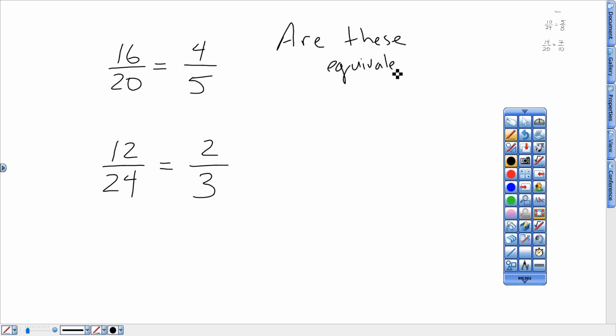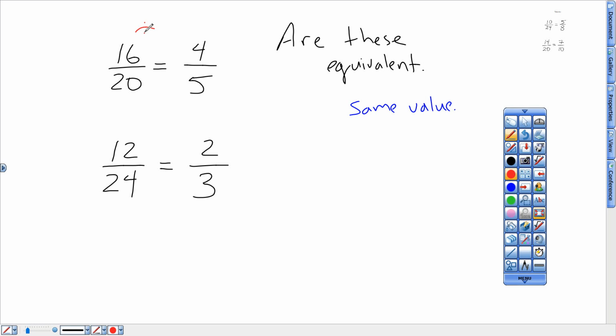That means they have the same ratio or same value. You could prove that they have the same value if you could look at the numbers that I give you and see if you divide by the same number or times by the same number.